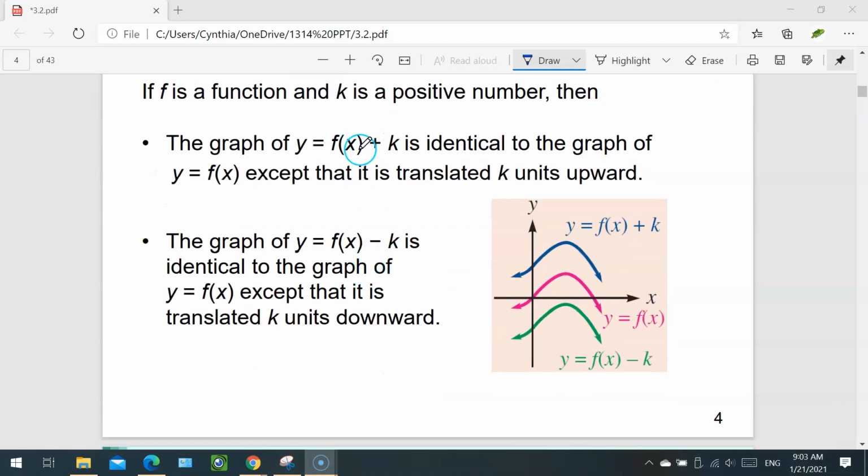So in other words, f of x is the basic function. From this basic function, when you add a positive number outside of the function, that means the function goes up. From the basic function, minus a number outside of the function means the graph will shift down.